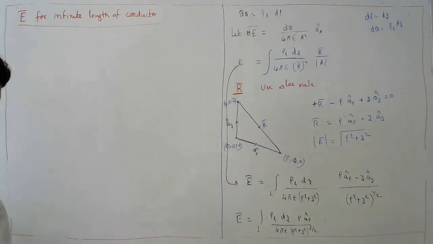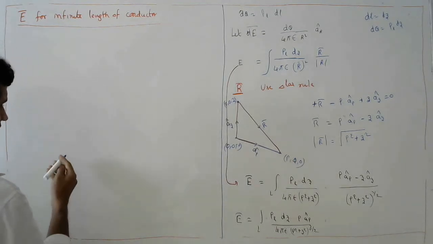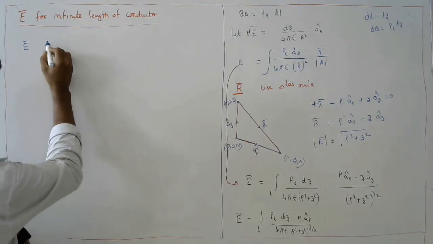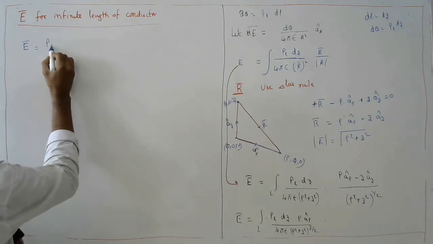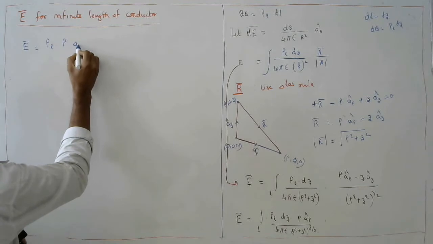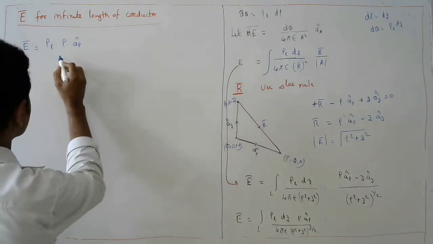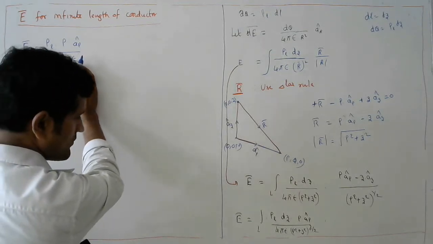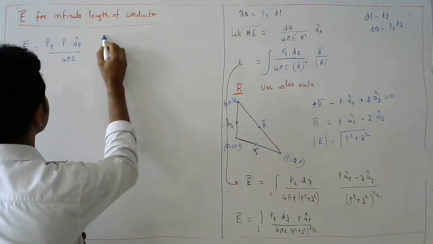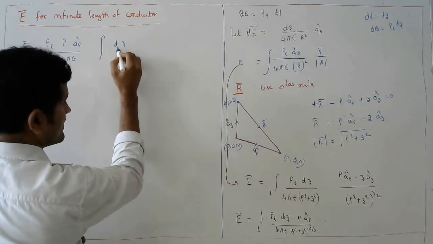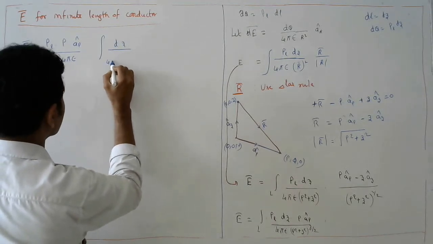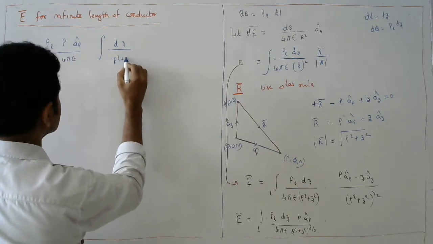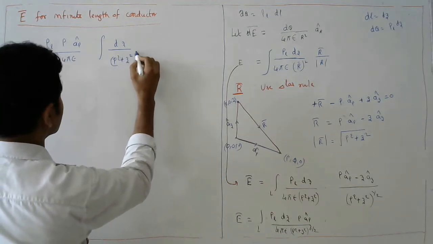Now we have to integrate this E bar. Line integration means one directional integration. So E is equal to rho L into rho into a rho cap by 4 pi epsilon into dz divided by rho square plus z square whole to the power of 3 by 2.